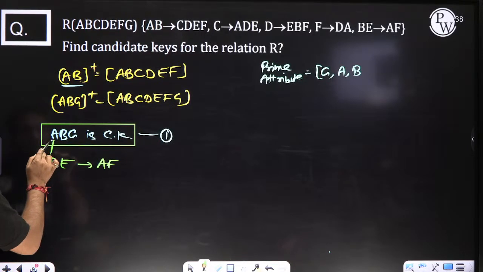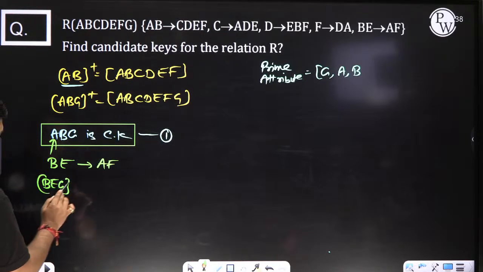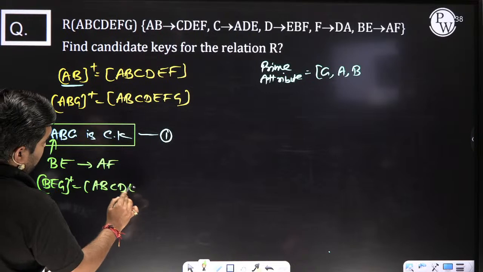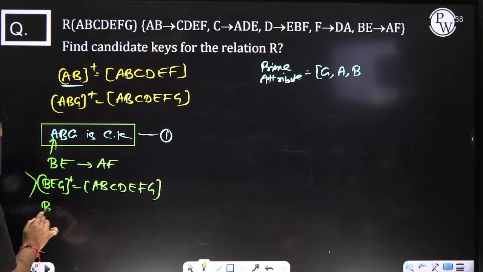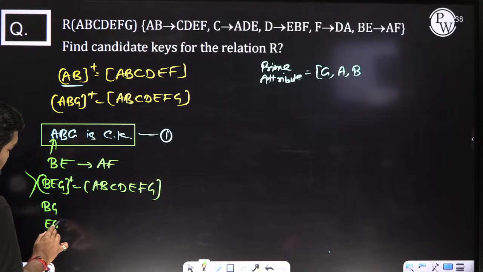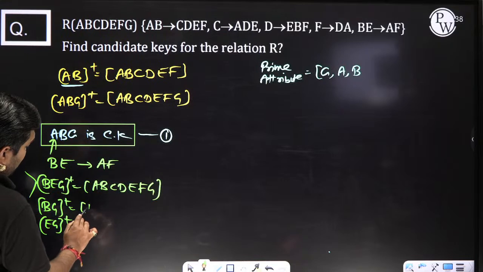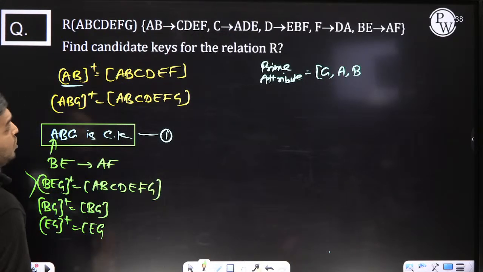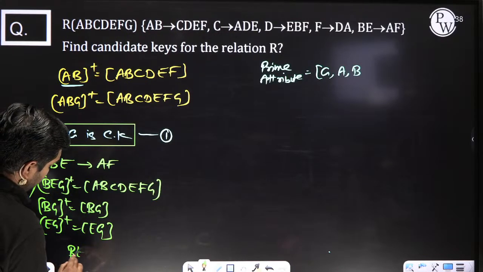So you can replace this A with the help of E, and we are getting E, B, F, G. We can't declare it until we decompose BG and EG. When you take the closure of BG, you are getting only BG. When you take the closure of EG, you are getting only EG. Then we can say it is a candidate key.